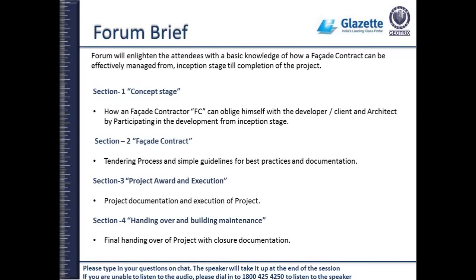Today we will be talking about the concept stage of a building, and the remaining 3 sections we will cover in the next 3 months. I will finish my presentation in the next 35-40 minutes, and then I will take up your questions as much as possible.